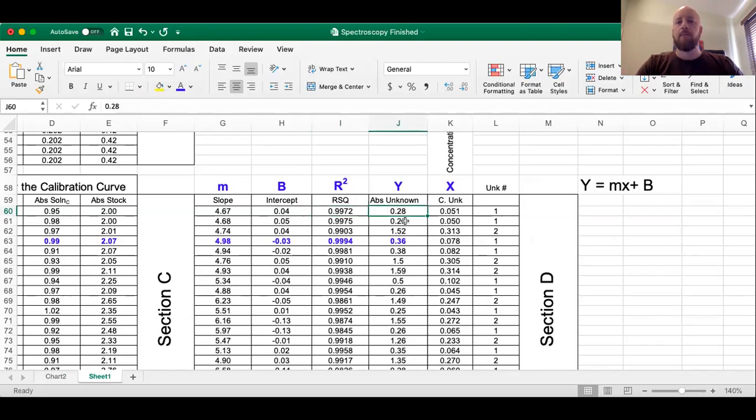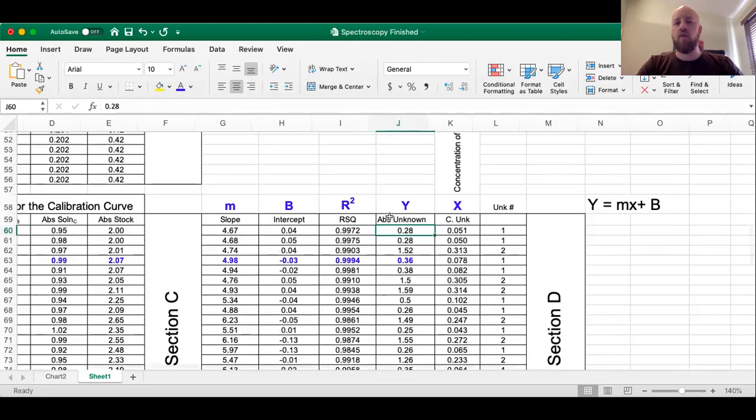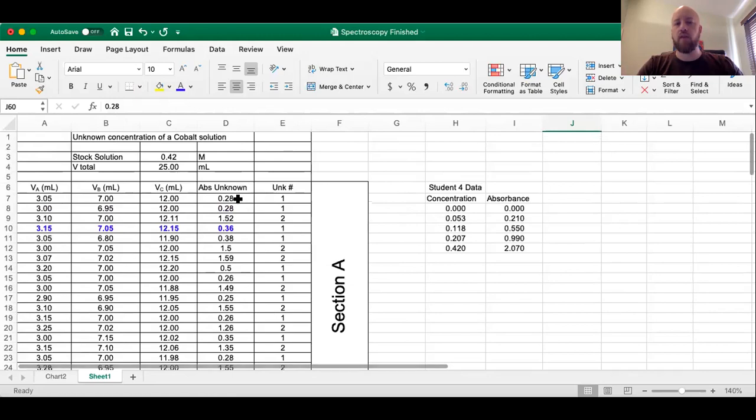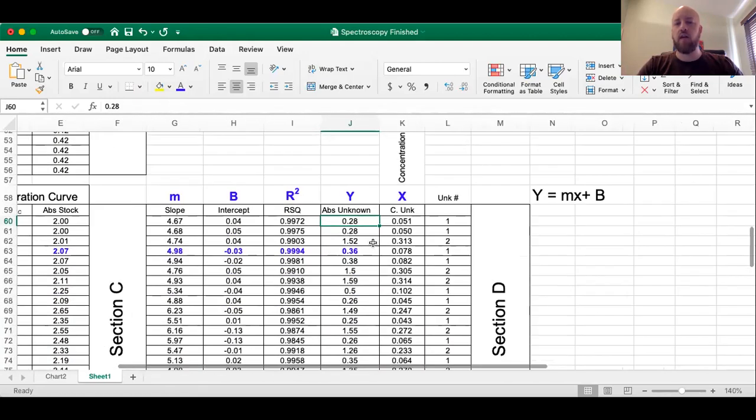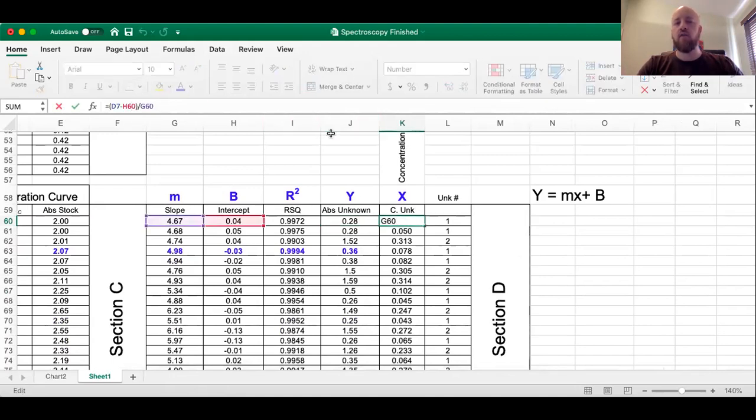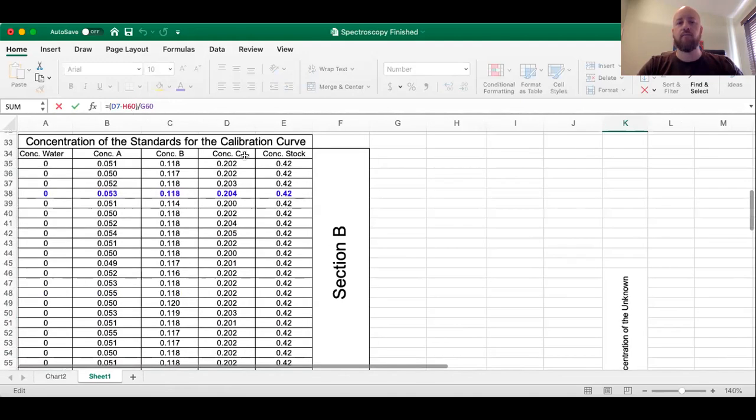Here's the absorbance of the unknown, which is the same as it is up here. I just copied it down here, in the same order, to fill in my Y value.